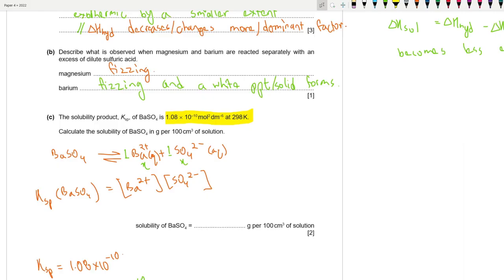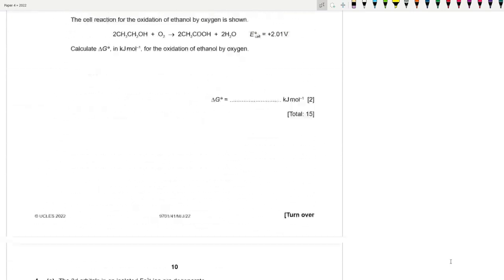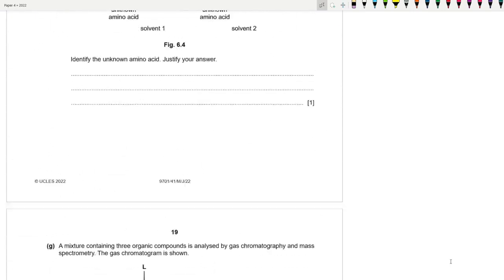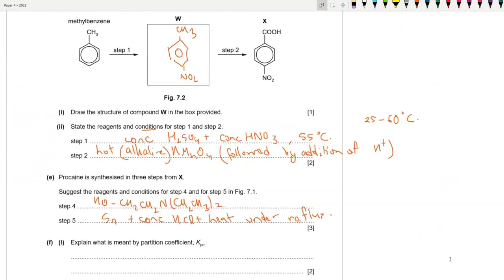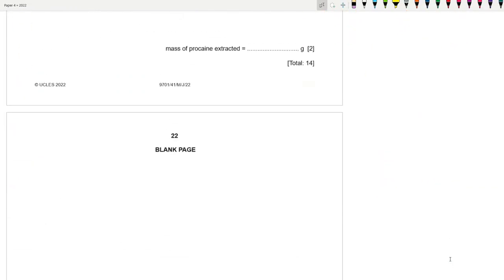Now we have to convert this mole per dm cube to gram per 100 cm cube. How? We know that mass equals moles times Mr. The Mr of barium sulfate, we can check from the periodic table. It's going to be 233.4.